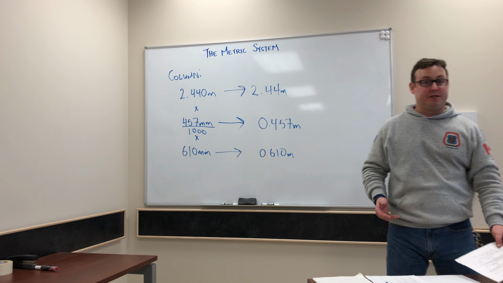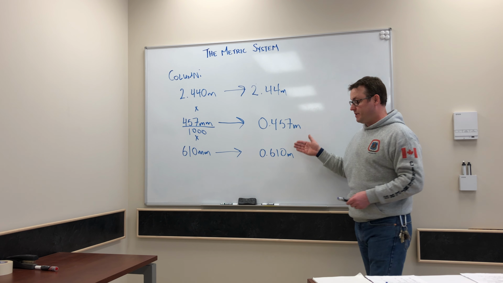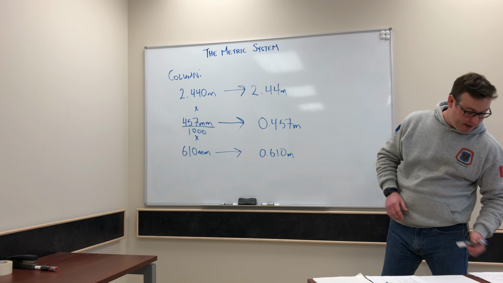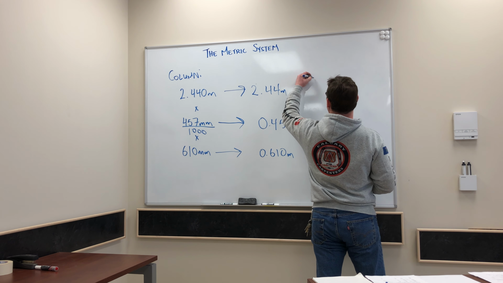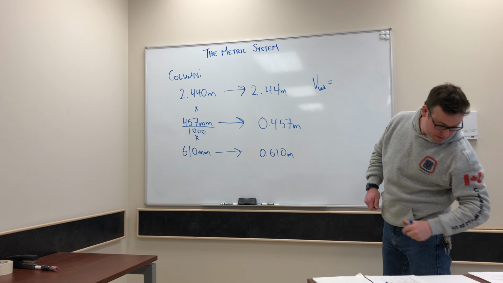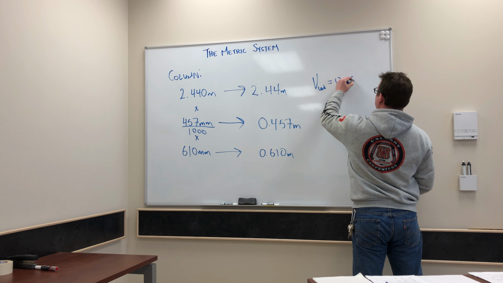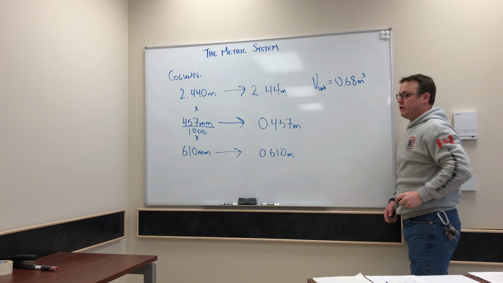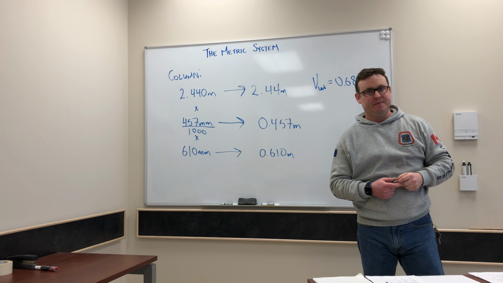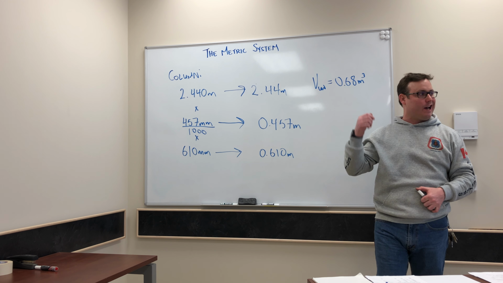So now we can just do a simple calculation for the volume. Multiply all three values together, and it comes to a volume of concrete equal to 0.680 cubic meters.